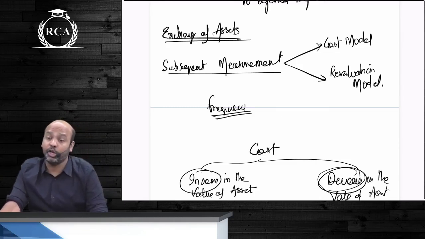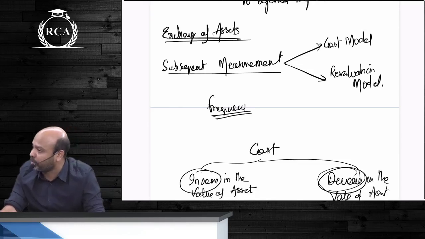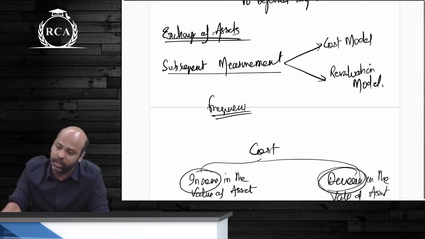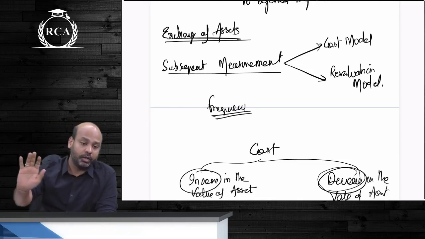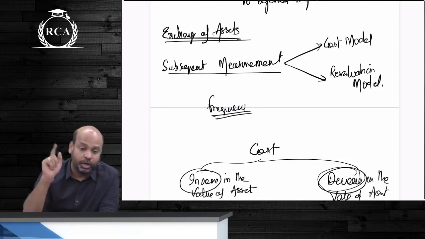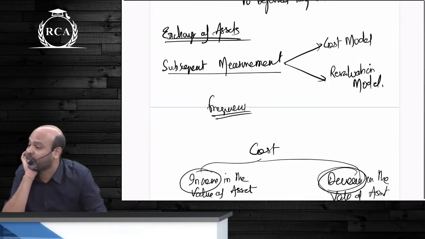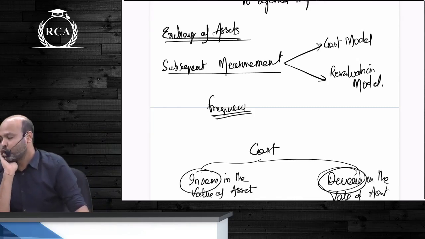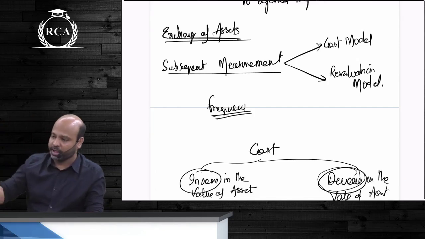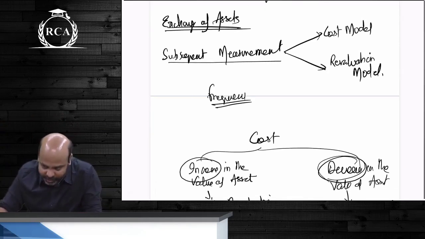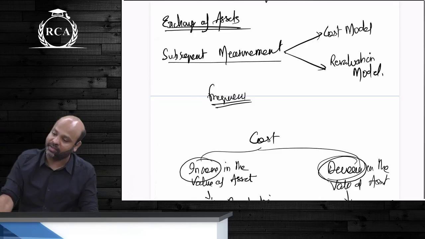Then the book value of the asset given up itself will be the cost of the asset acquired. Normal rule, record fair value. If fair values cannot be determined or the transaction lacks commercial substance, then you will have to record the incoming asset, guys, at book value of the asset given up, outgoing asset. Whatever the book value of the outgoing asset is, beta, that itself will be the cost of the asset acquired.